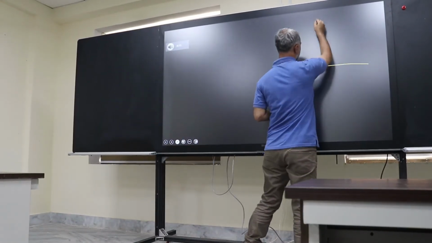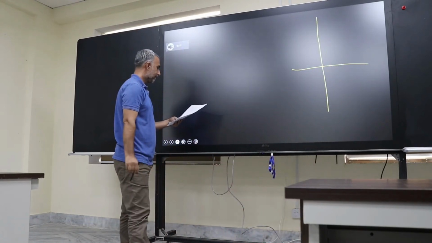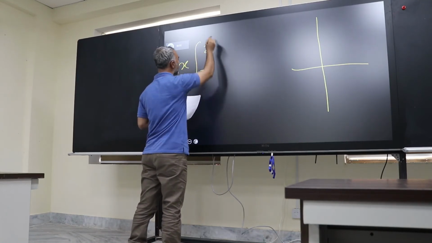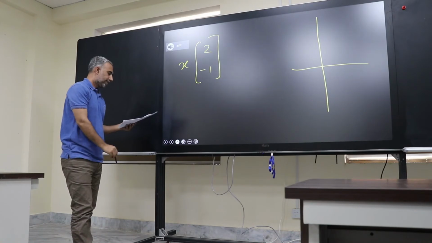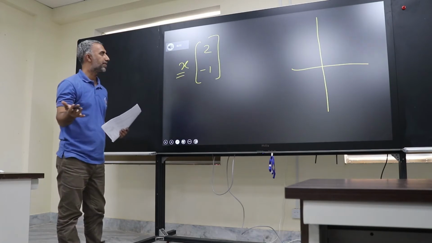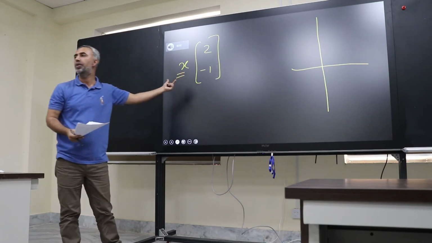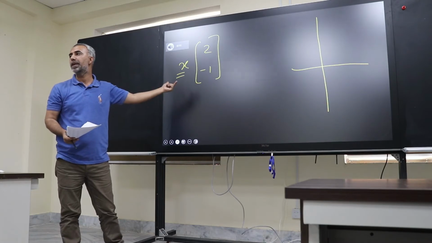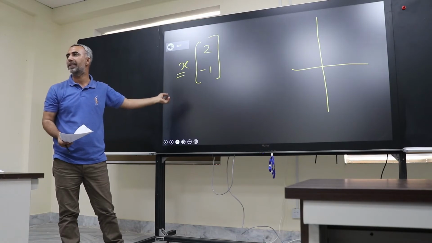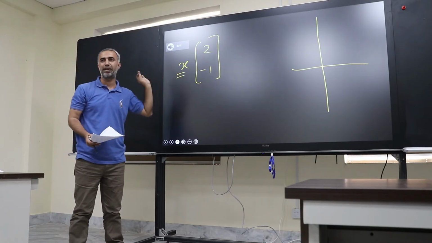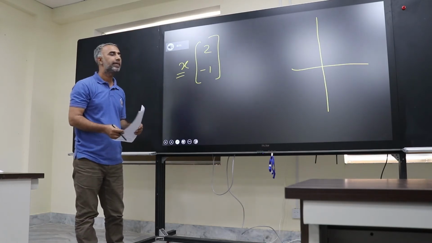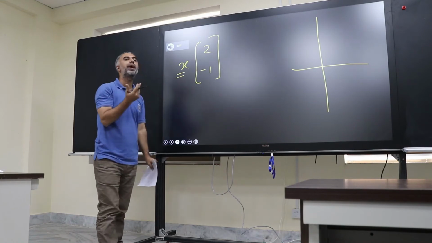Graphical notation for the first value of x: if we are having x times 2, minus 1, for a simple formation, if we are considering x equal to 0, then we cannot make any vector from this, because it's a scalar value. This variable is acting as a scalar for this vector. So we are considering, yes please? The magnitude there. Yes, but we need to draw the vector.